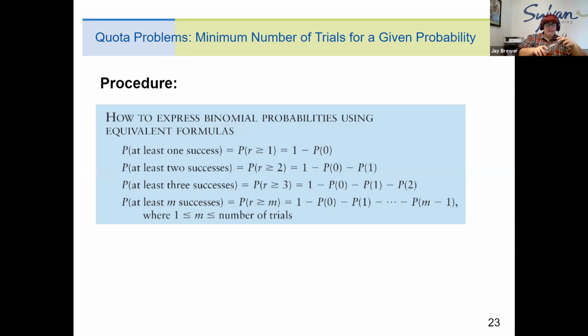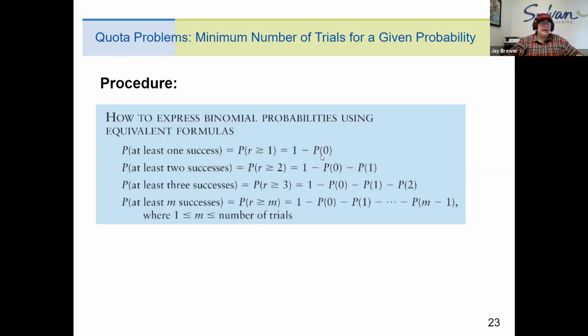And this is probably where your brains are going to start going, this is the statistics that I assumed we were eventually going to get to. If you want the probability of at least one success, you take the fact that at least one means you're going to have one or more.